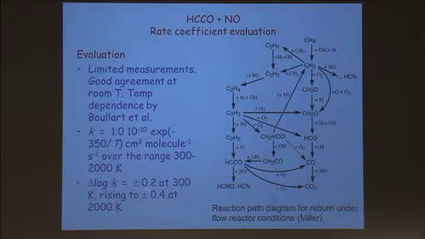There are limited measurements, good agreement at room temperature, and this is the temperature dependence, which hadn't been studied over this whole range, but this is the recommendation that was given: relatively small temperature dependence and a high rate coefficient, with an uncertainty of delta log k equal to 0.2 rising to 0.4.